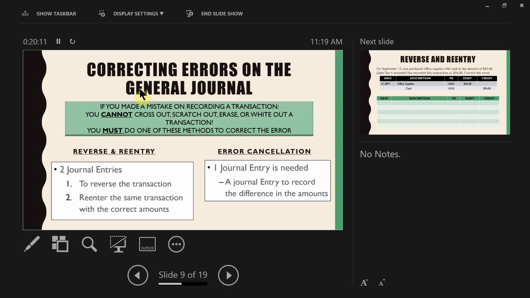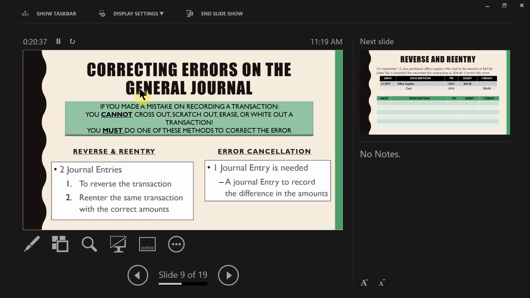What error cancellation does is you're going to look at the transaction, compare your mistake, and then record the account again and transfer the difference into that account. That's very difficult if you're not understanding where to go, as with, maybe, too many supplies.